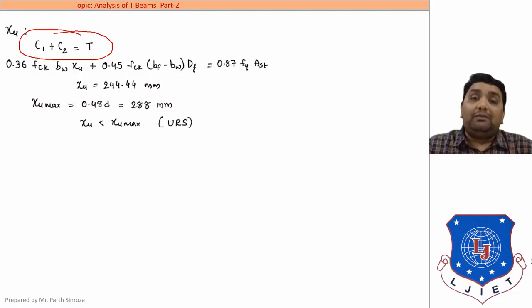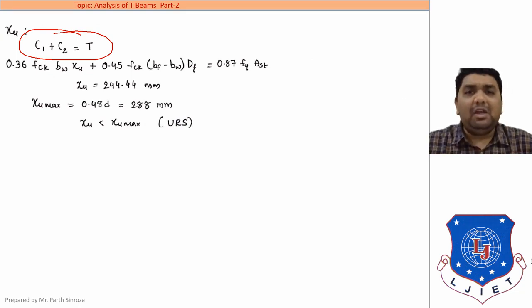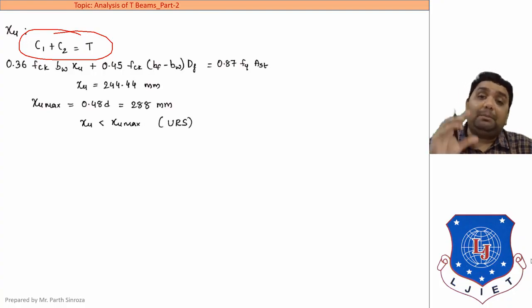So whenever we get the case that XU is greater than DF and we need to find XU, then XU will always be calculated using the condition of equilibrium, that is C equal to T. Here we can see that C1 plus C2 equal to T. There is no such case as T1 or T2 regarding flange beams. So directly we can say that C1 plus C2 equal to T. C1 will be the portion of the singly reinforced section and C2 will be the compression force due to the flange section.